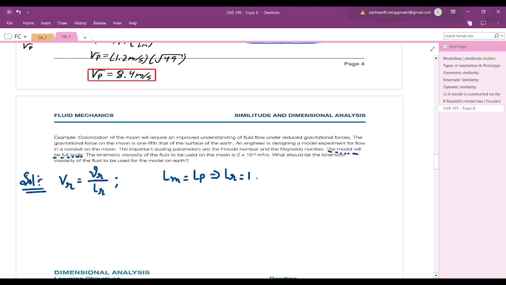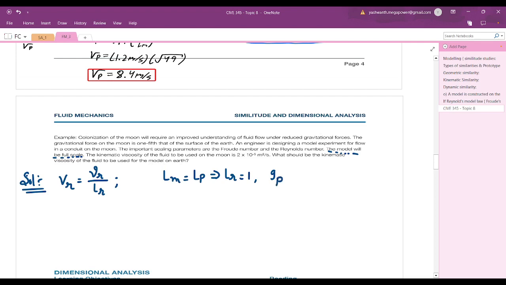And one more piece of information was given. The gravitational force on moon is one-fifth of the surface of the earth. Here we are preparing the model on the earth. Therefore, we are having the prototype on moon, right?